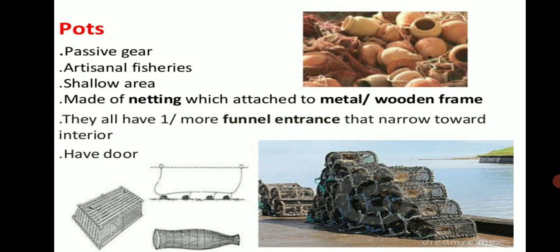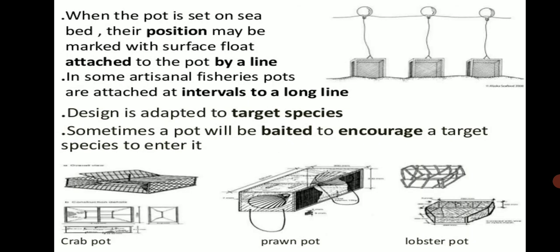They are made of netting attached to a metal or wooden frame. They all have a funnel entrance that narrows toward the interior, and have a door. These pictures show the pots. When the pot is set on the seabed, its position may be marked with a surface float attached to the pot by a line.